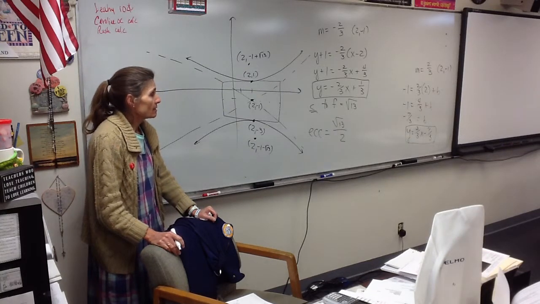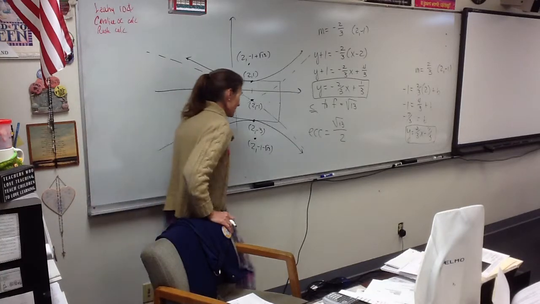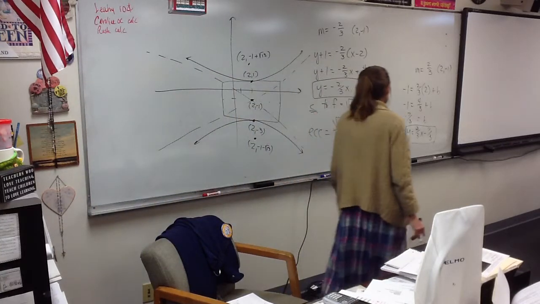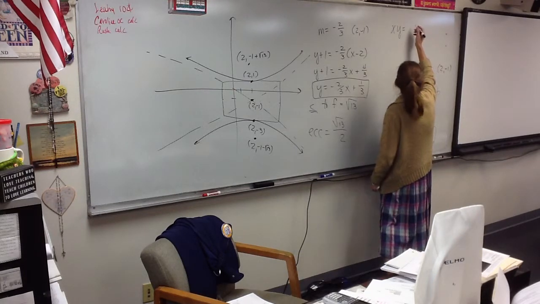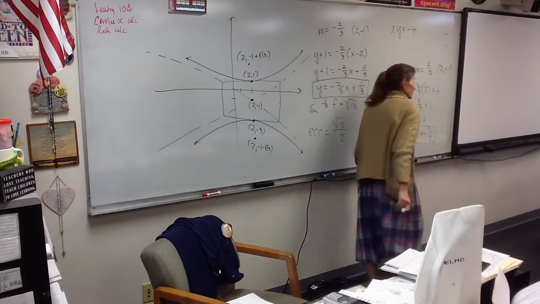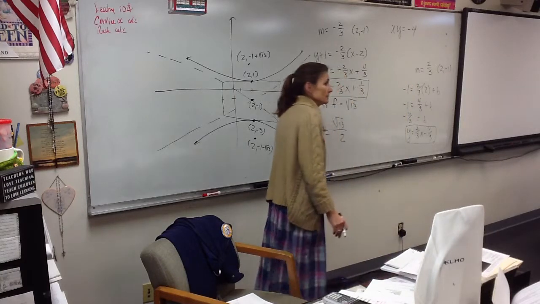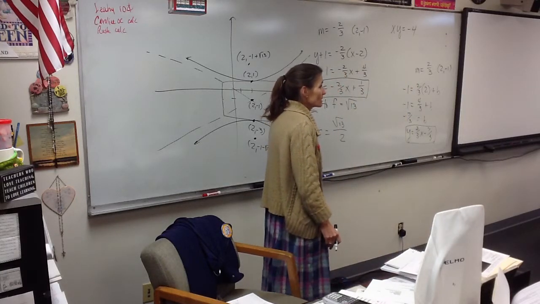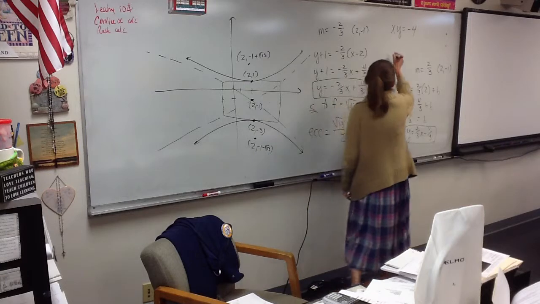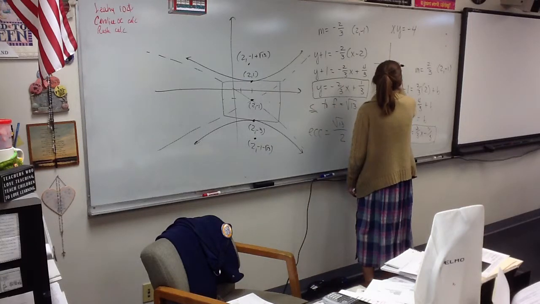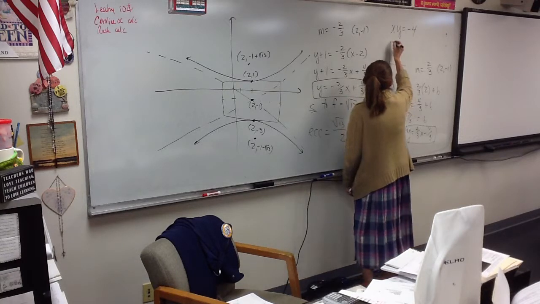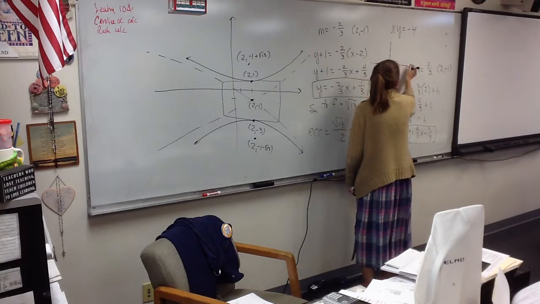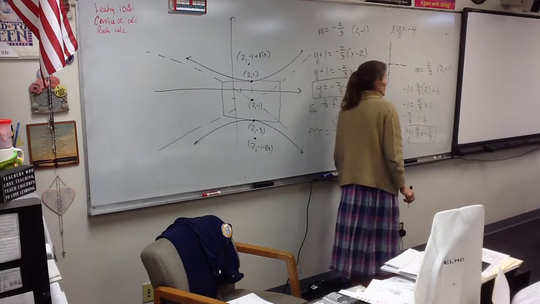Keep in mind that there will be a test question that says xy equals -4, something like that. Where's the center of that? What are its asymptotes? X equals 0 and y equals 0.